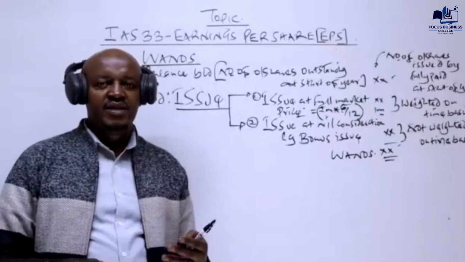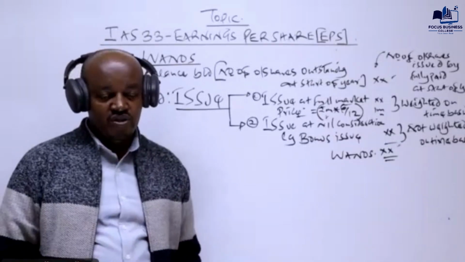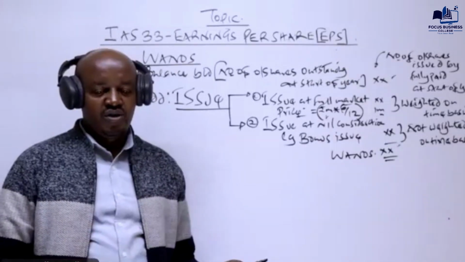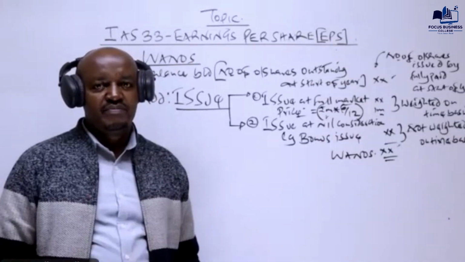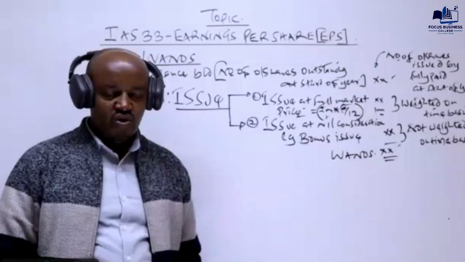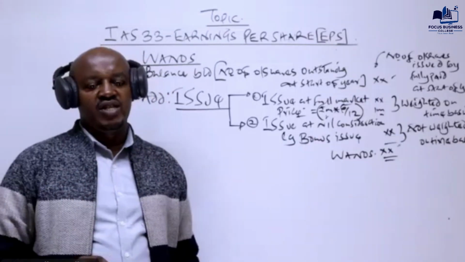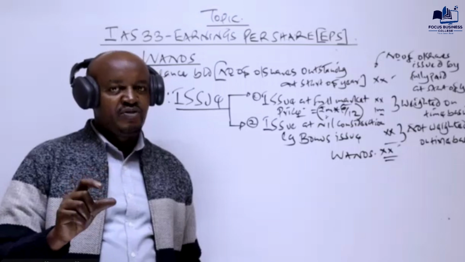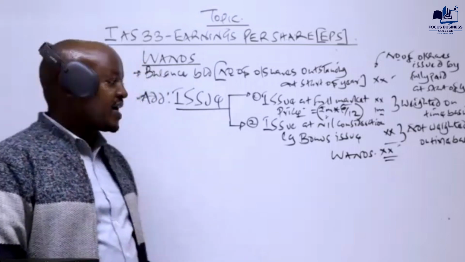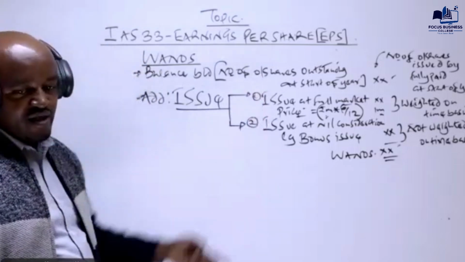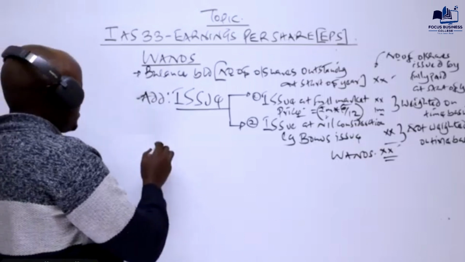During the current year, the company may make different types of issues. A company can make a bonus issue, a company can issue shares which are partly paid, a company can make a rights issue. How do we treat those different types of issues made during the current year in the computation of the basic earnings per share?